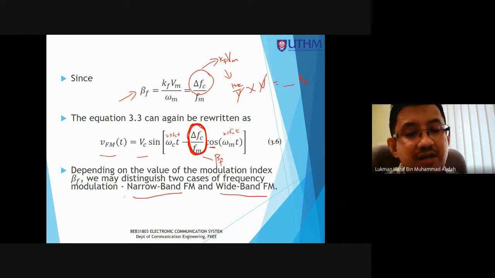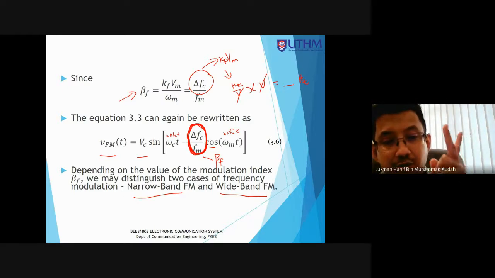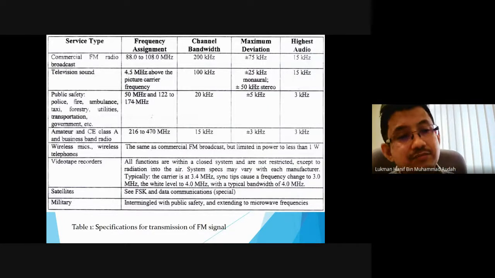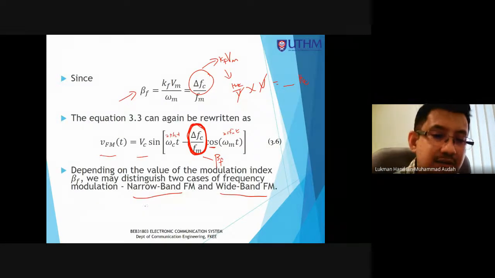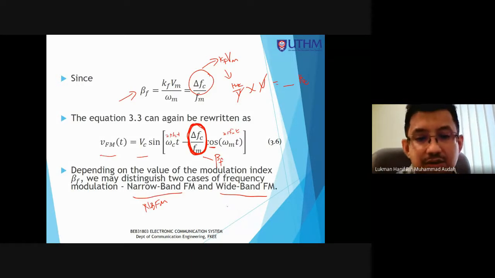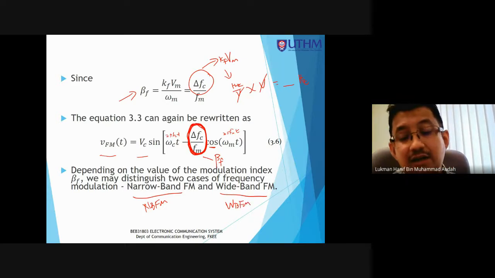Narrowband merujuk kepada bandwidth kecil, wideband merujuk kepada bandwidth besar. Daripada perkataan kita dah tahu. Nanti kita akan lihat. This is NBFM. This is WBFM, wideband FM. Okay, kita akan lihat kemudian.